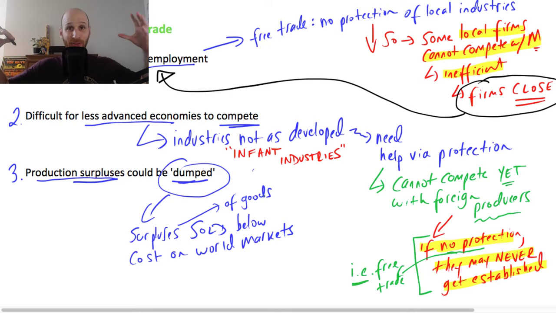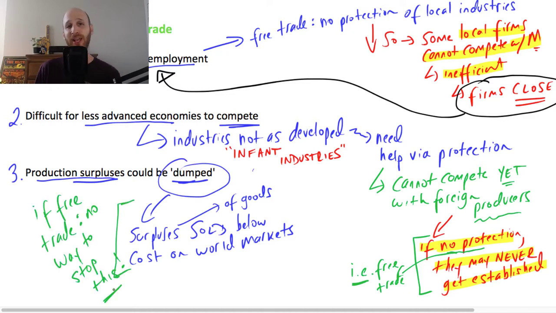When something is dumped in terms of economics, surpluses from one country are then sold below cost on world markets. So they're actually being sold below what local producers can produce it for. And if there's free trade, well then this can happen wherever because there are no barriers to stop it.